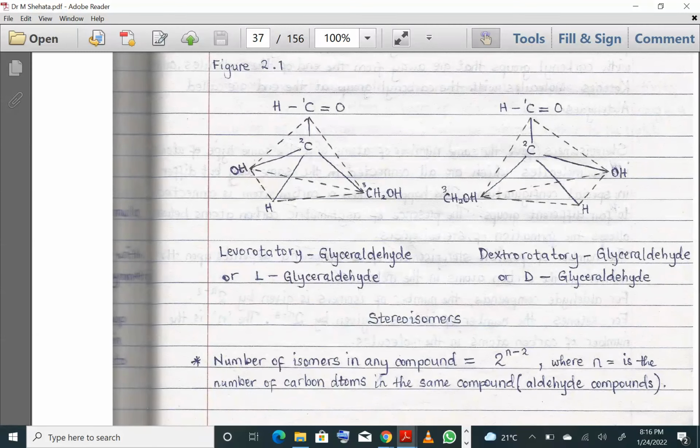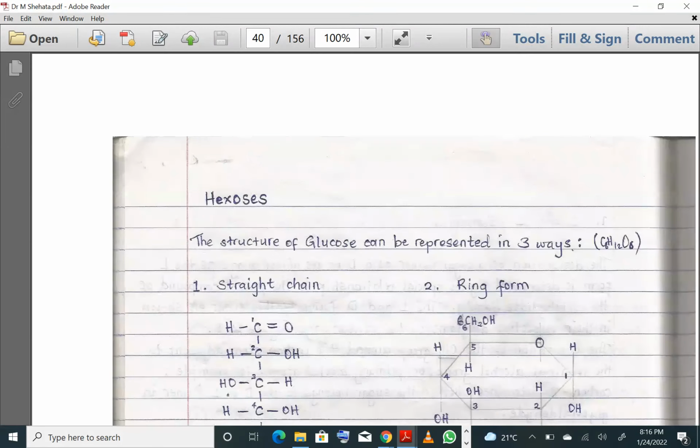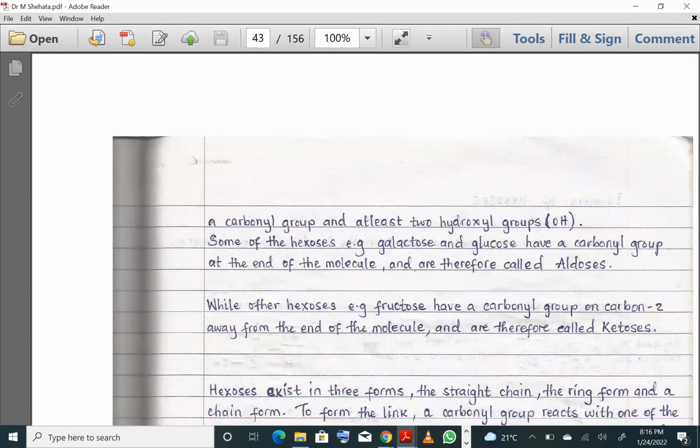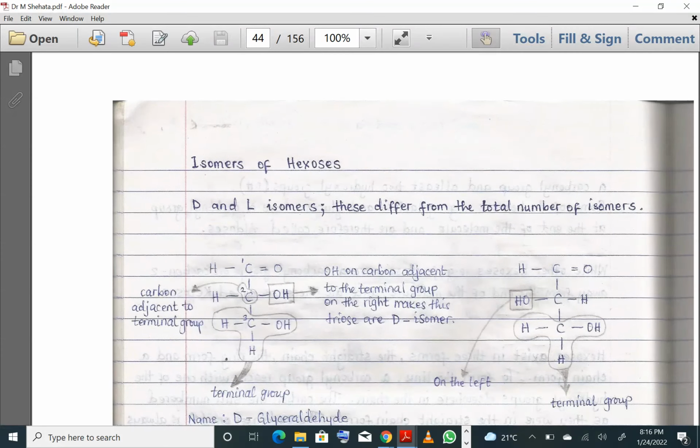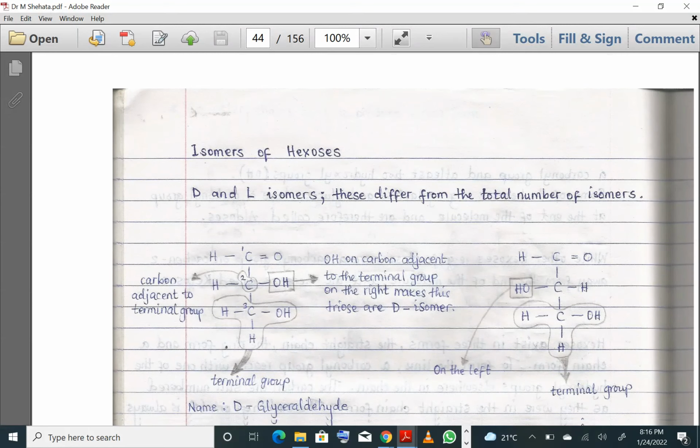Let's take this further and see how it is explained here. You see this, right? The terminal group that you are looking at here has the hydroxyl. So it is the orientation of the OH group around the carbon atom adjacent to the terminal alcohol group, or primary alcohol. Let me break this down.